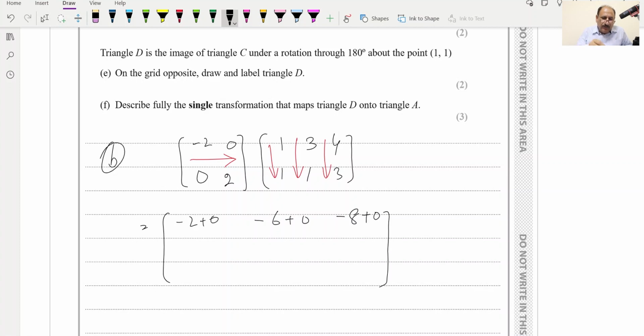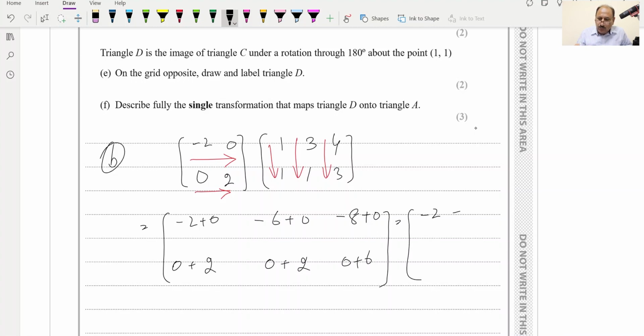The second row, first column will be 0 plus 2, second row second column will be 0 plus 2, and second row third column will be 0 plus 6.